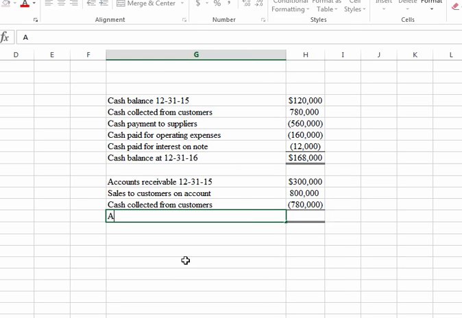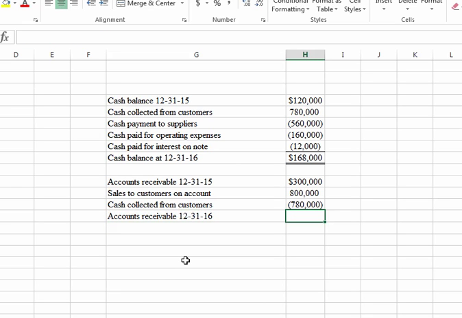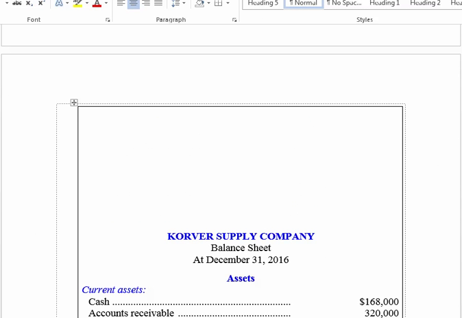All right, and then if we total that up, that'll give us our accounts receivable balance on 12/31/16. $320,000. So let's go back and put that in on the balance sheet. So there you go, 320,000.